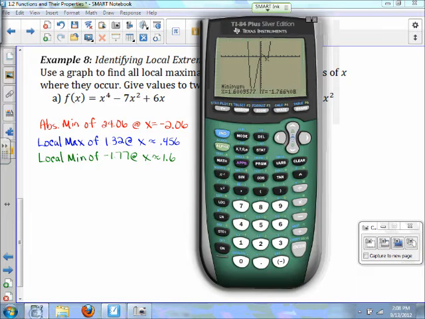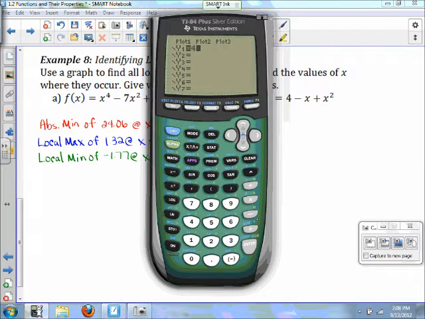Moving on to B. We'll have 4 minus x plus x squared. Because it's an x squared, we know it's going to open up, positive x squared. In this case, it'll be an absolute minimum.